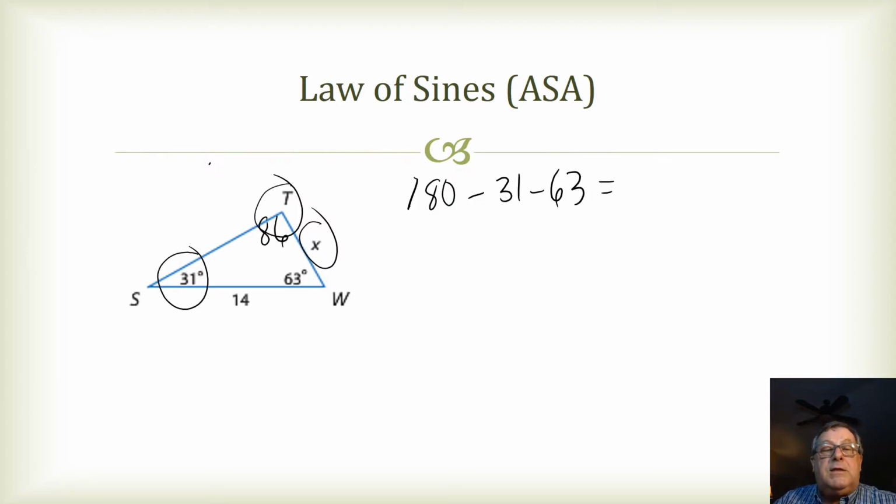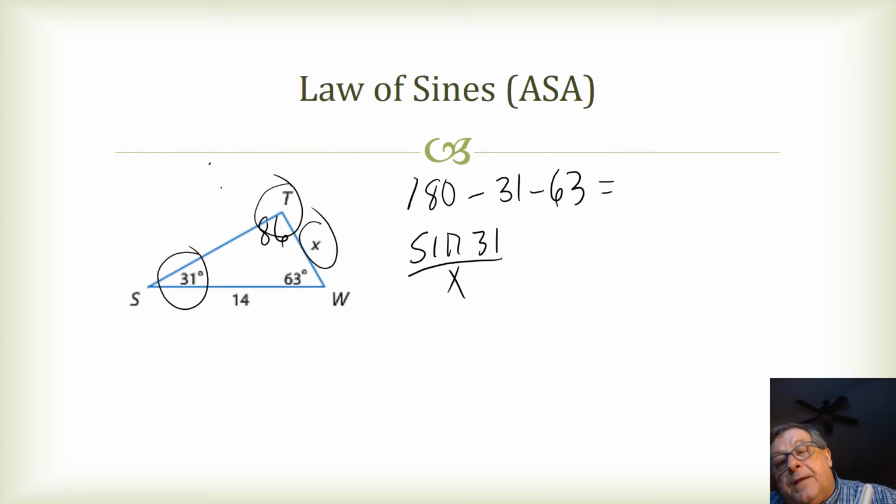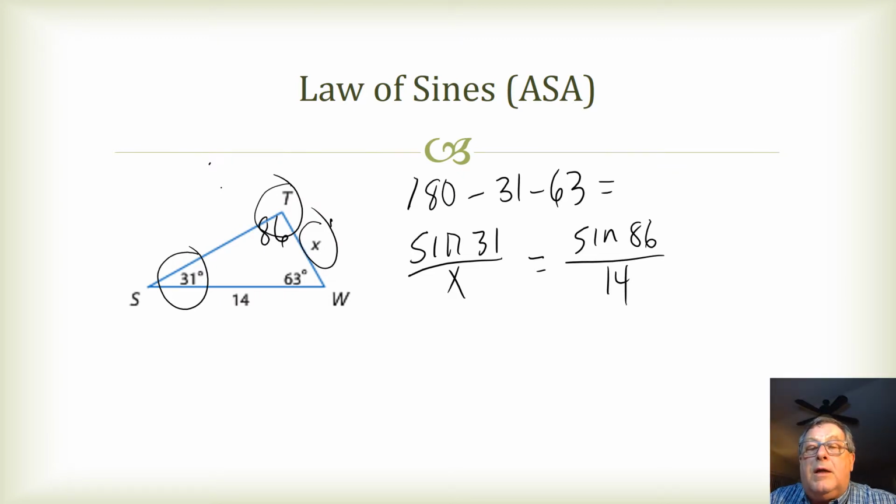Now I'm ready to set up my ratios. I've got the sine of 31 over x. Take my angle measure, go to the side opposite, and that's going to equal the sine of 86 over 14. Let's do a little bit of cross multiplication.